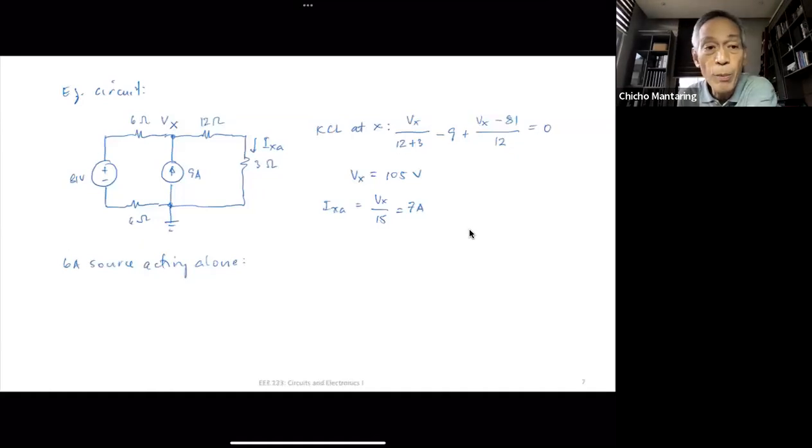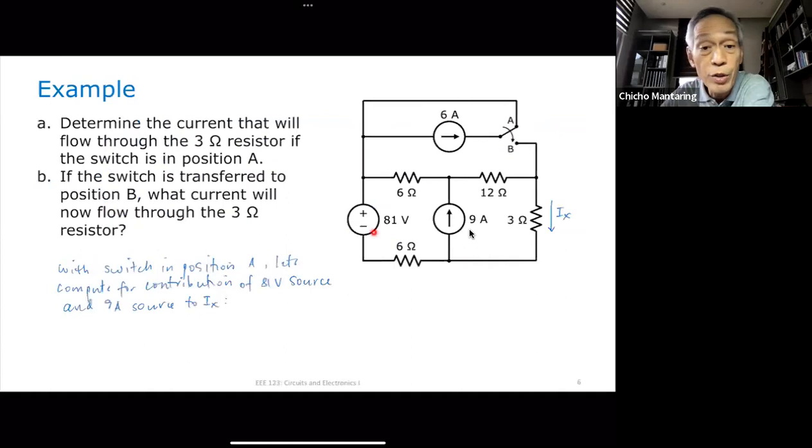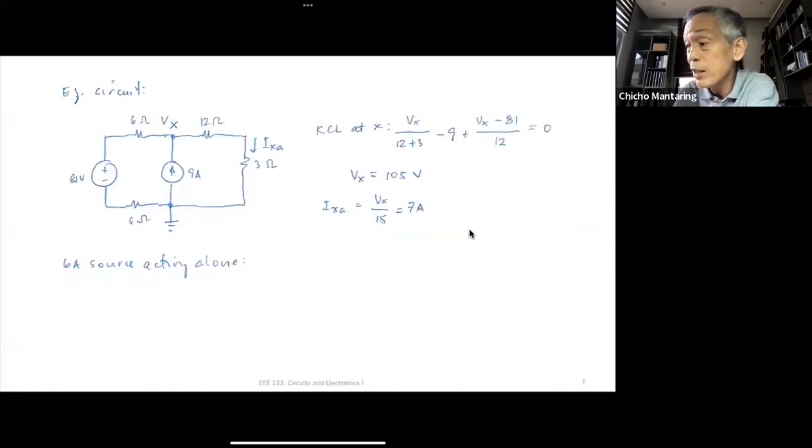So what I do is I suppress the 81 volt source and I suppress the 9 ampere source. And I assume that the switch is now in position B. So what is my equivalent circuit going to look like? My 81 volt source is going to be a short circuit. Then I have my 6 ohms here.